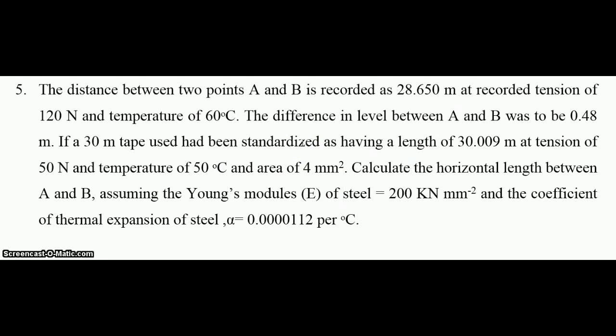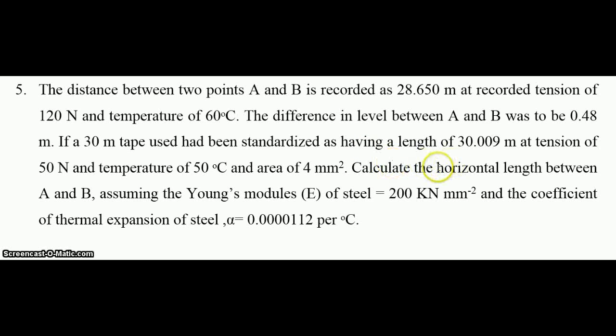Standardization is a process to find out whether the tape has the exact length or, due to any source of error, there is any change in length or not. Here we found that there is a change in length of 0.009 meter.